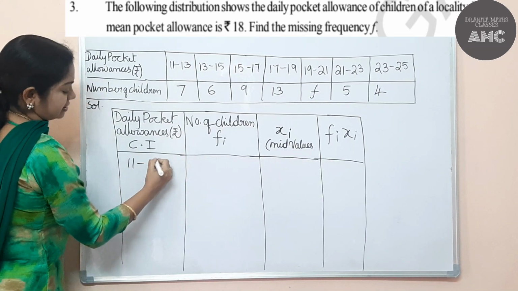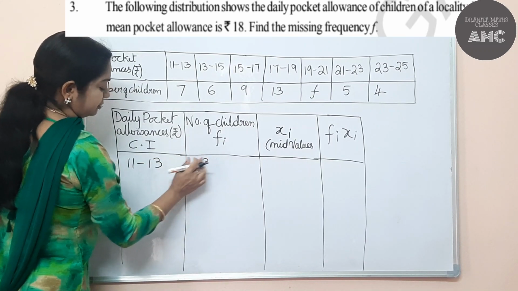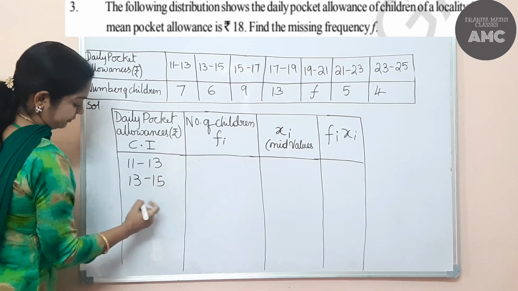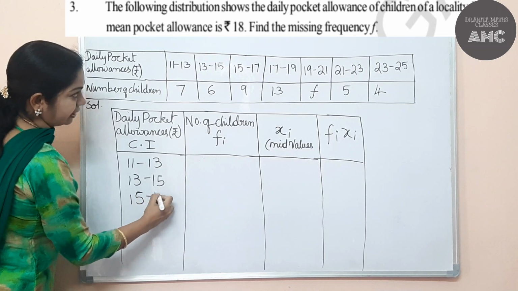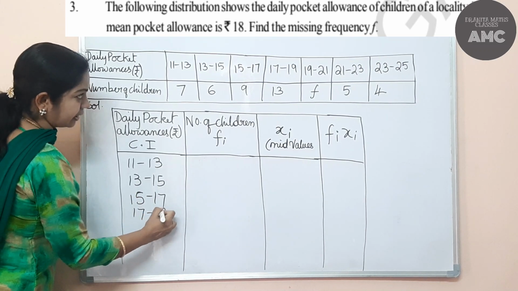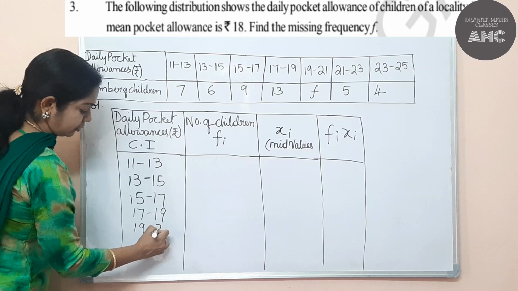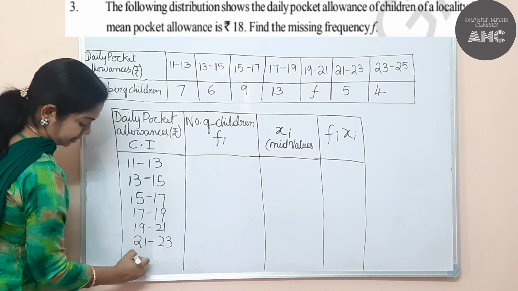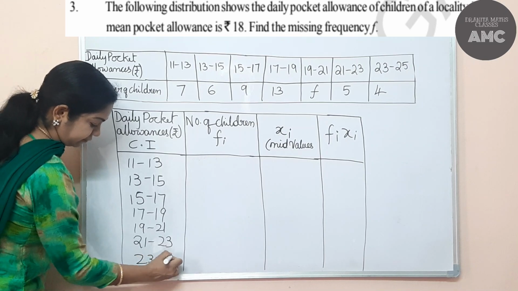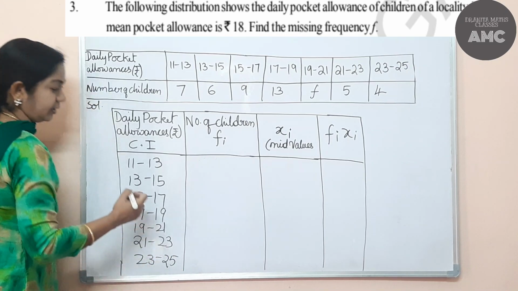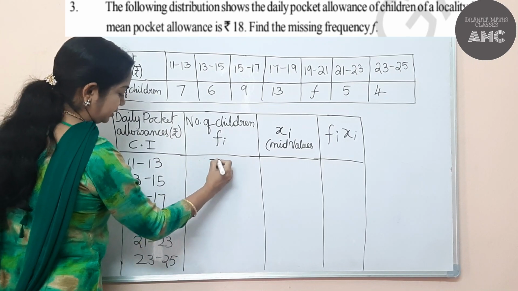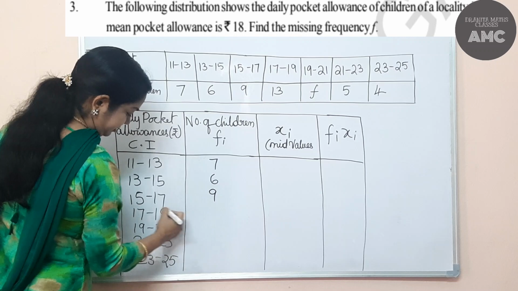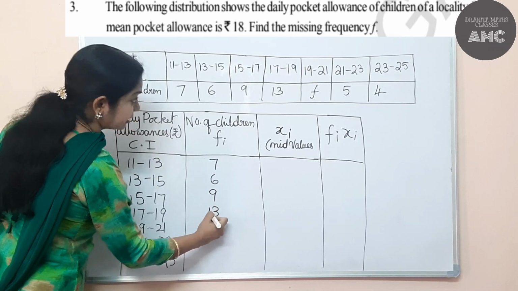Our class intervals: 11 to 13, 13 to 15, 15 to 17, 17 to 19, 19 to 21, 21 to 23 and 23 to 25. Now for the first one the frequency is 7, then 6, 9, and the fourth class interval is 13.